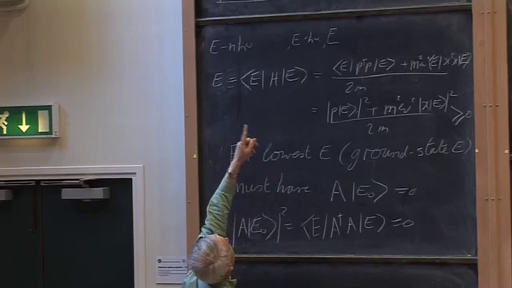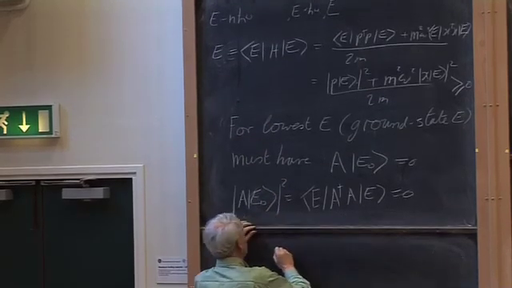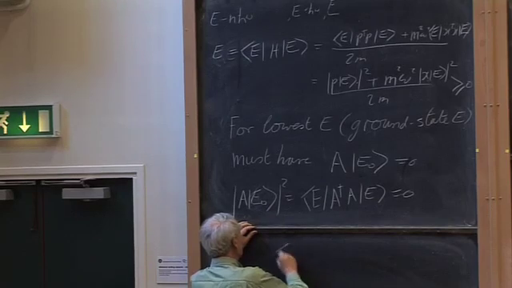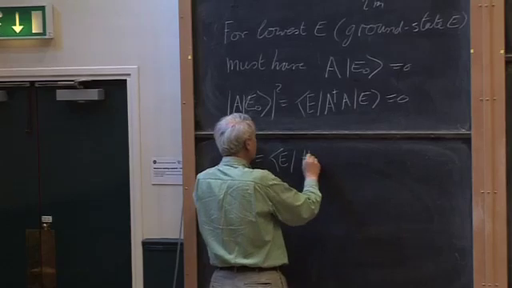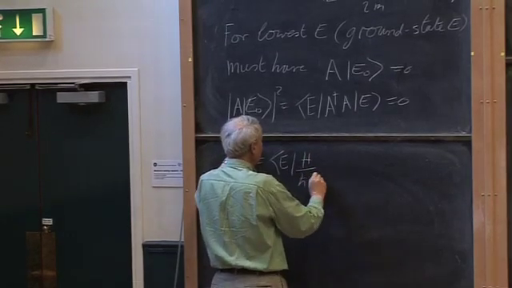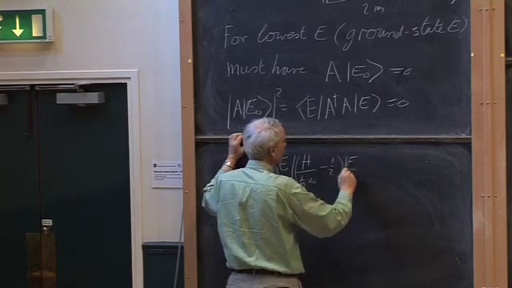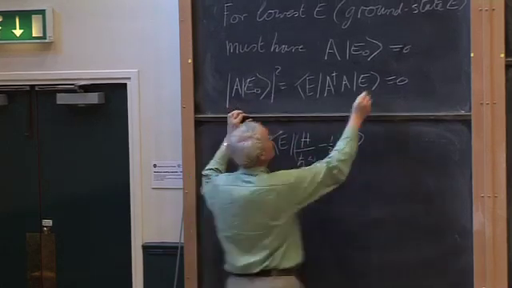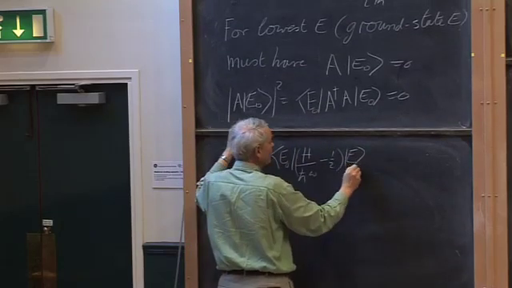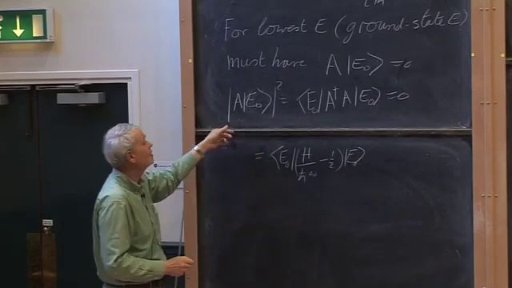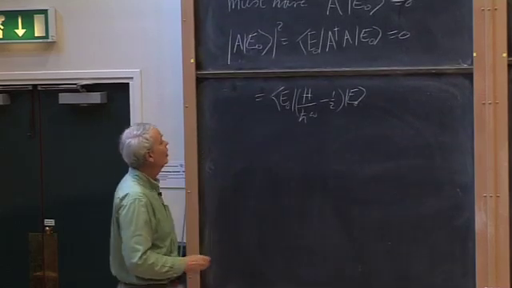H is equal to A dagger A plus a half h bar omega. So this is the expectation value of H over h bar omega minus a half. And these ones have zeros on them because we're talking about the ground state energy, not any old energy now. We're just talking about that one special lowest energy, the ground state energy, that this equation is valid for.